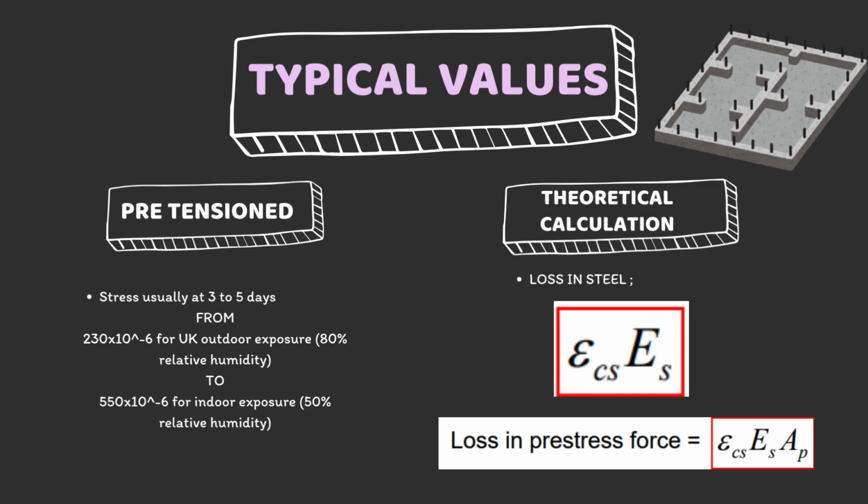These are the usual range values for the shrinkage strain. This also means that concrete shrinks more in dry conditions because there is less moisture in the air.